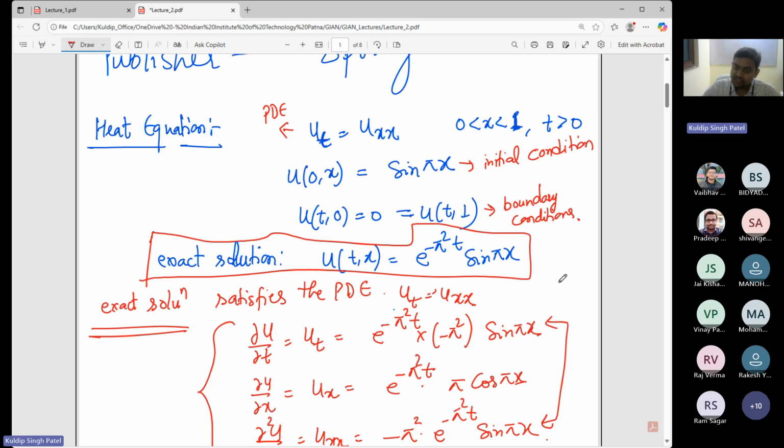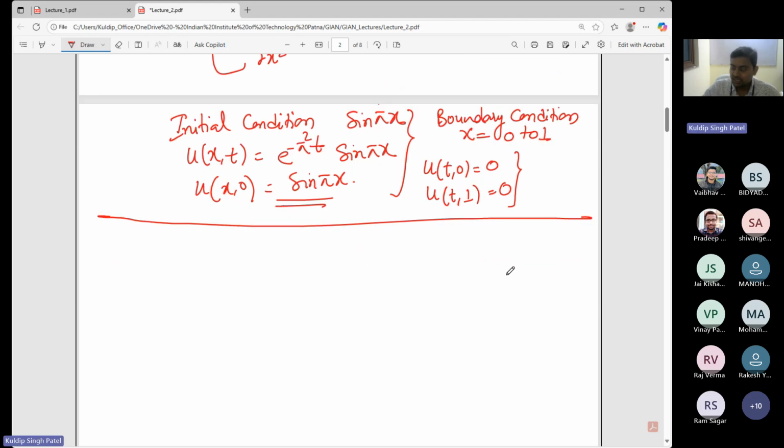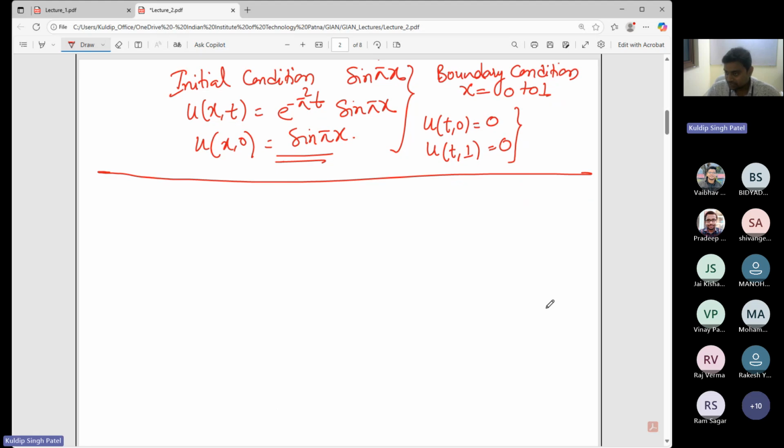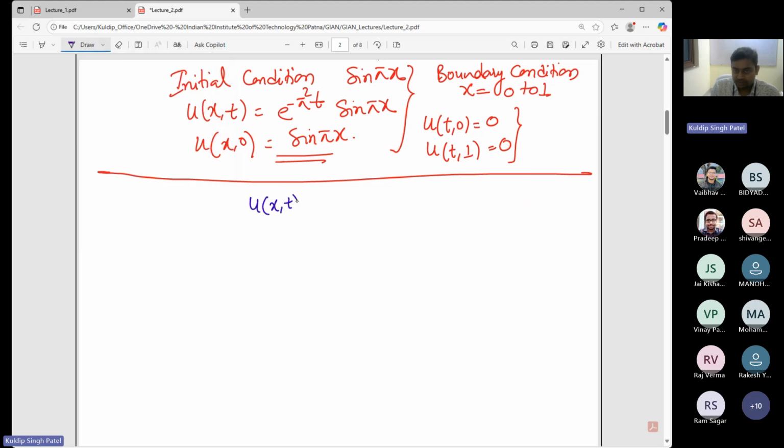Now, what does this solution represent? Let us try to understand what it says. Suppose we know u(x,t) is the solution, e to the power minus pi square t sine pi x. Now, if I want to find the value of u at 0.5 comma 0.5, what do I need to do?